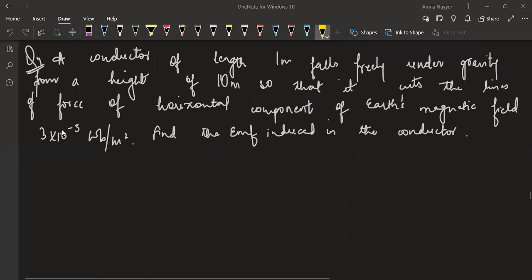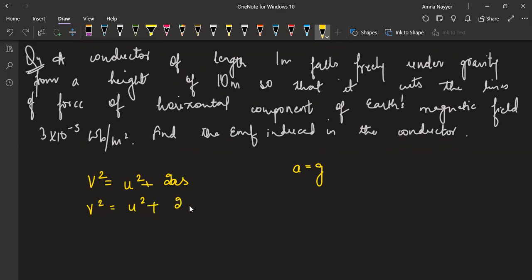So see, velocity V, if you say this is attained by the conductor as it falls through the height of 10 meters, then that velocity is given by the kinematic equation V square is equal to U square plus 2AS. Now here acceleration is the acceleration due to gravity. So this equation will become V square is equal to U square plus 2GS.